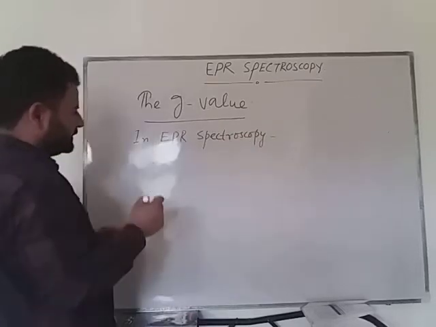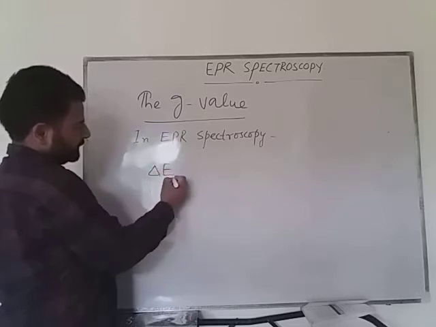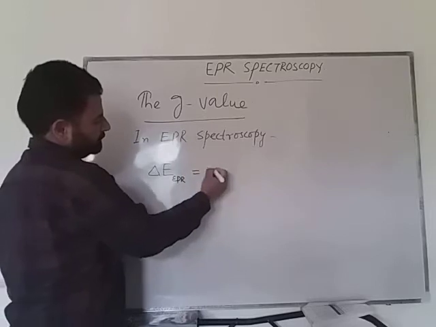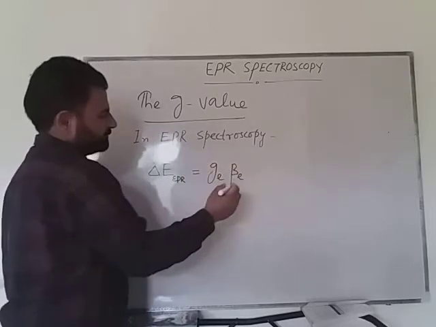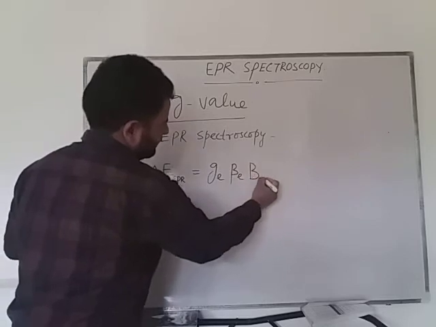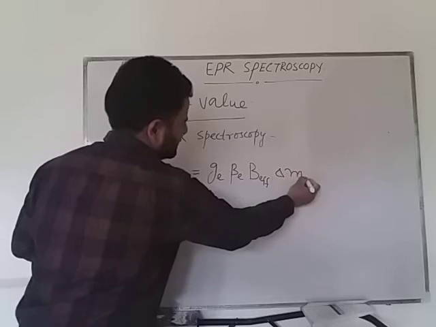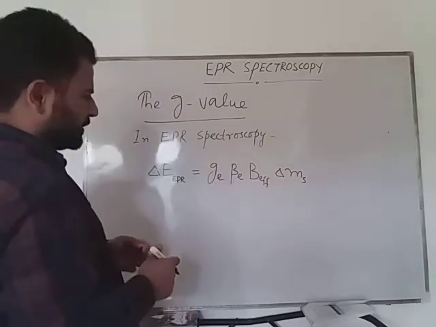In EPR spectroscopy, delta E EPR will be equal to Ge beta e B effective delta ms, where delta ms is the change in electronic spin quantum number.